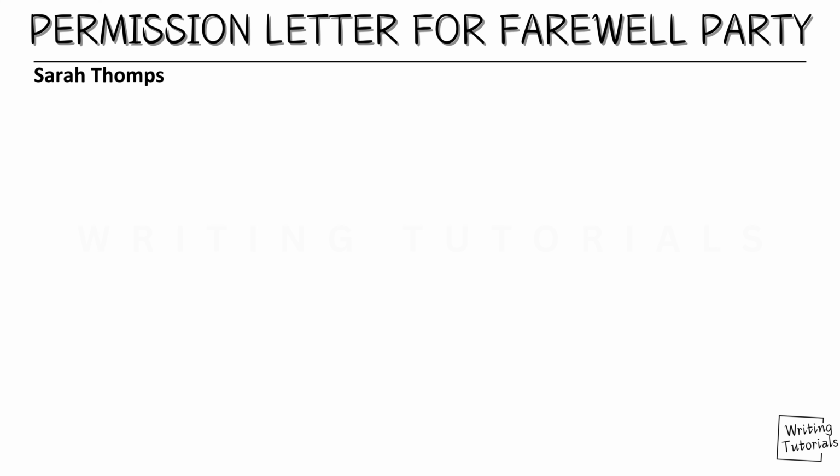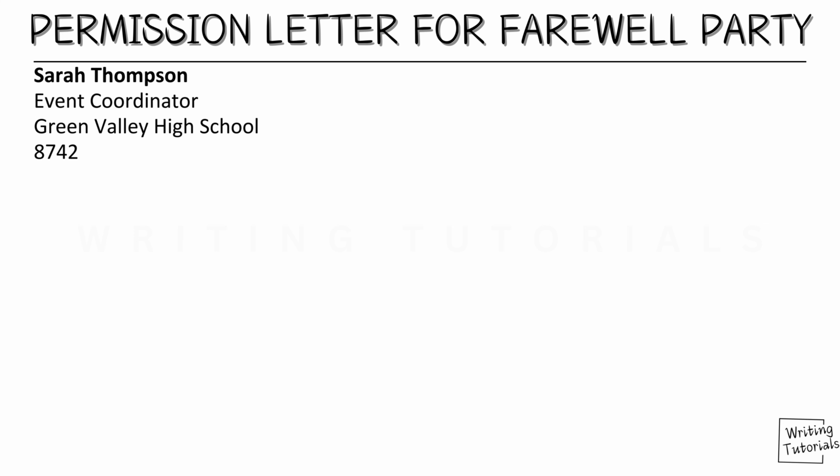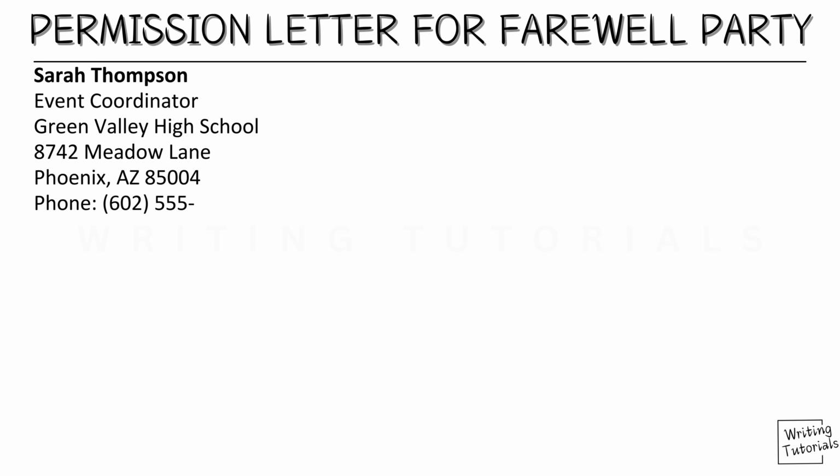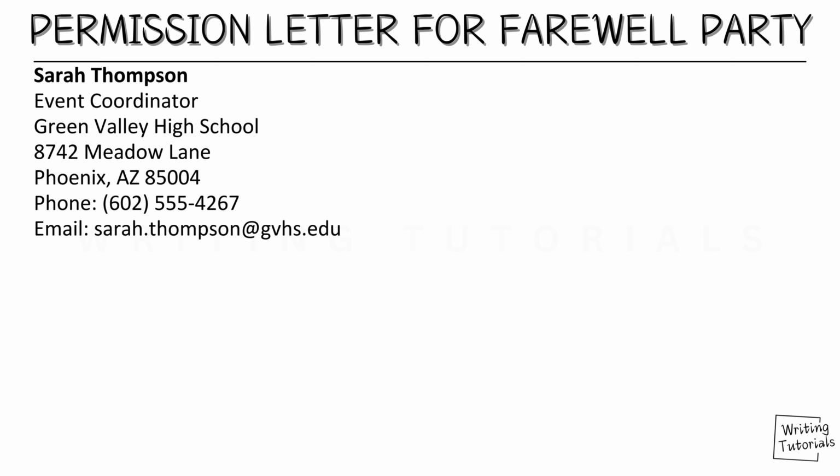Step 1. The header. The first thing you'll include in your letter is the header, which contains the sender's details. In this case, it's Sarah Thompson, Event Coordinator, Green Valley High School, 8742 Meadow Lane, Phoenix, Arizona, 85004. Phone 602-555-4267.